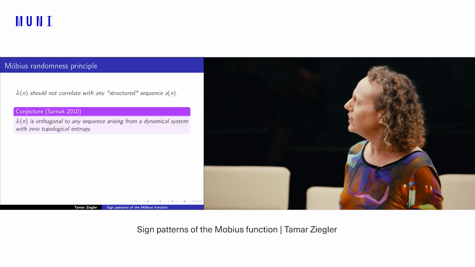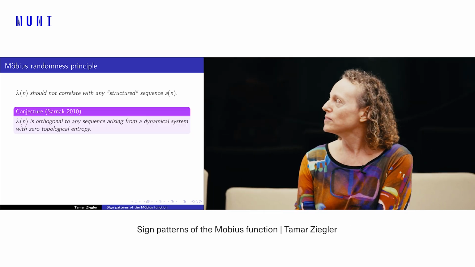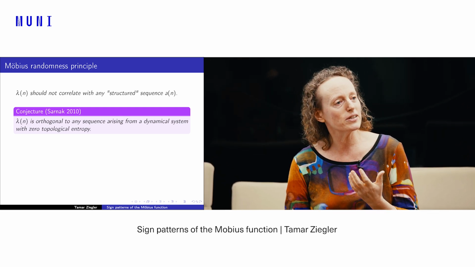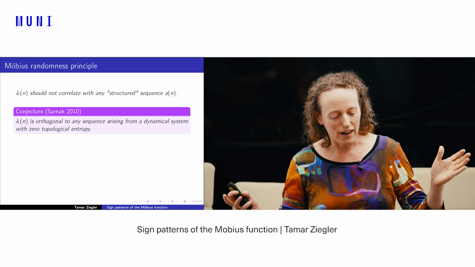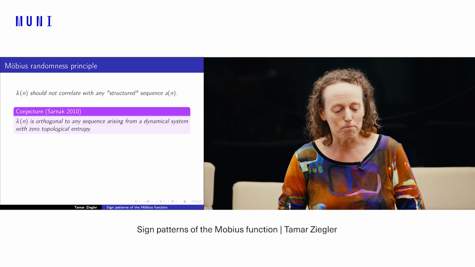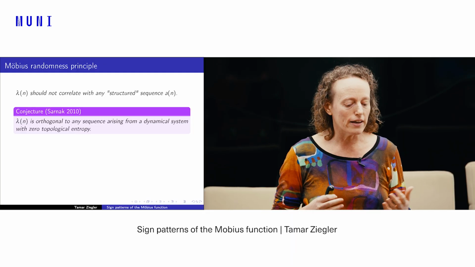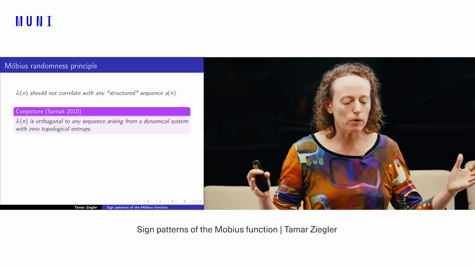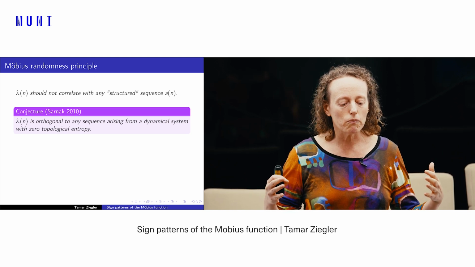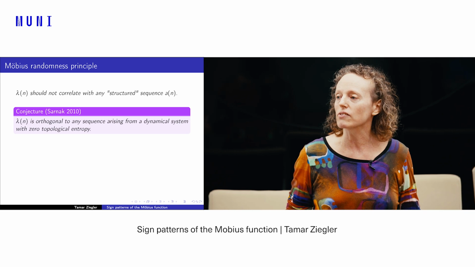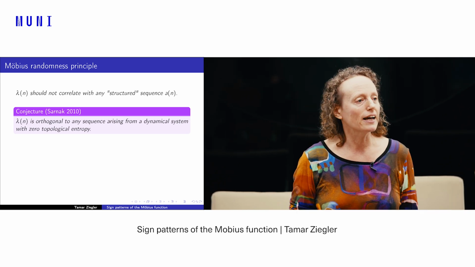About already 15 years ago or so, Sarnak tried to formalize this randomness principle in a really beautiful conjecture, which states the following. He suggested that maybe we can associate to these structured sequences, sequences arising from low complexity dynamical systems.